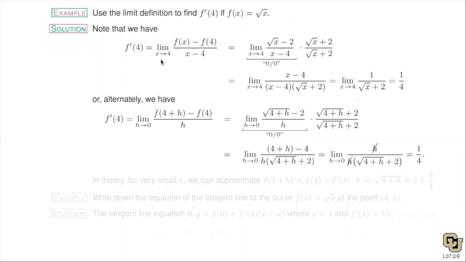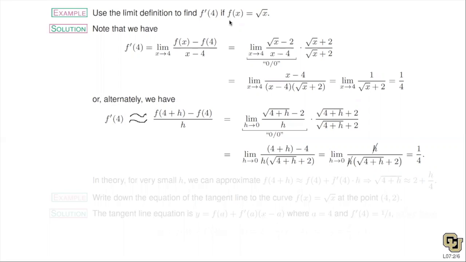If h is very small, then I'm going to claim that f prime of 4 is approximately equal, because they're very close. So here I won't put an equal symbol. I'll say it's approximately equal.